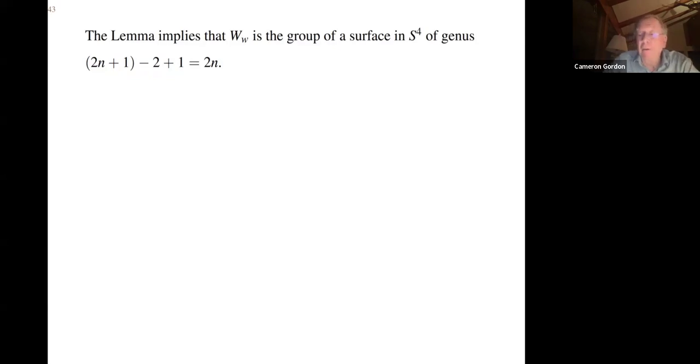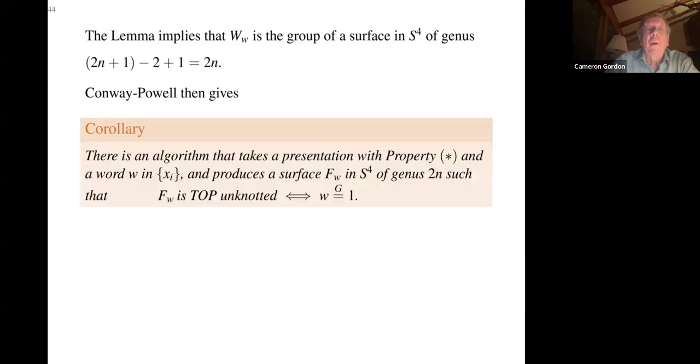And now we can apply Conway and Powell to say that there's an algorithm that takes a presentation of group G with property star and a word w in the generators and produces a surface F sub w in S^4 of genus 2n. And remember, the point about this group was that it's Z if and only if w was the identity in G. Well, by Conway and Powell, that says that F_w is topologically unknotted if and only if the word is trivial. So this is it.